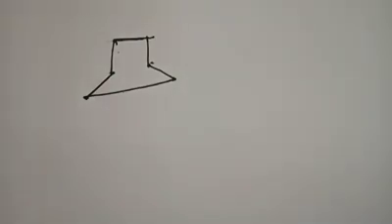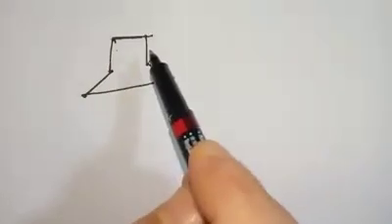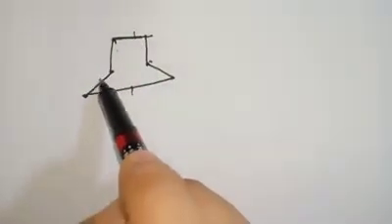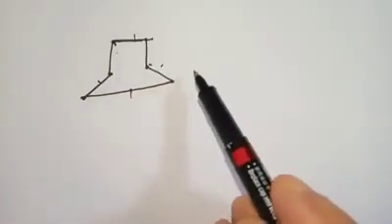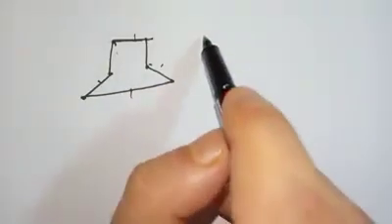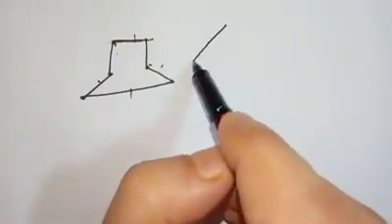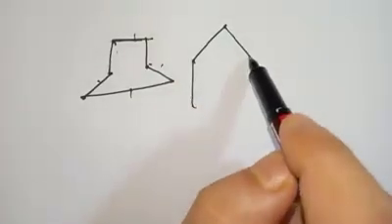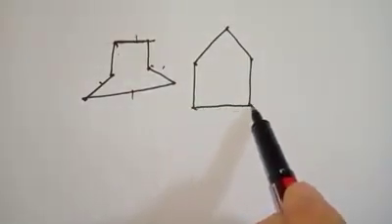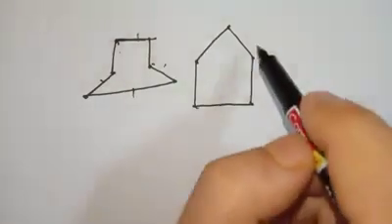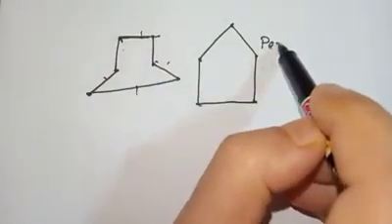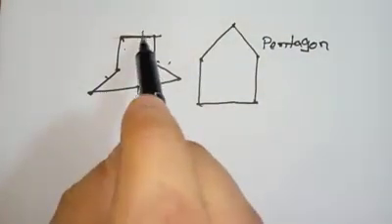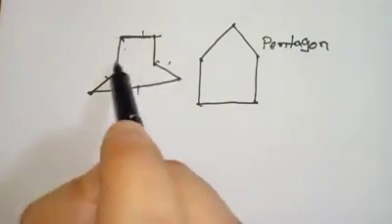So it has got how many sides? 1, 2, 3, 4. This is a hexagon. So for a pentagon, it would be something like this. Five sides, right? So we get a pentagon. This is a hexagon: 1, 2, 3, 4, 5, 6.